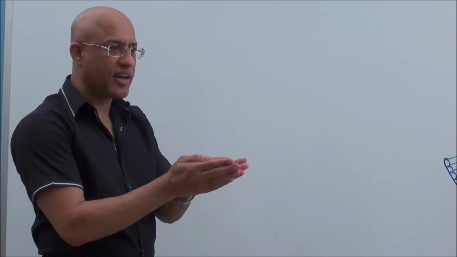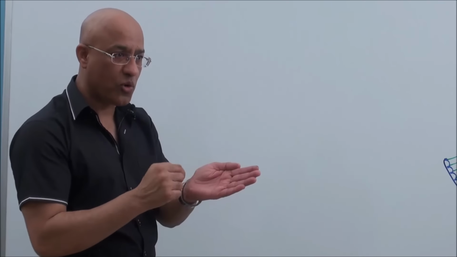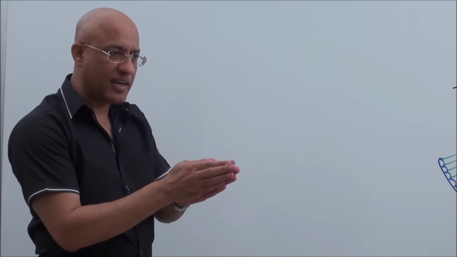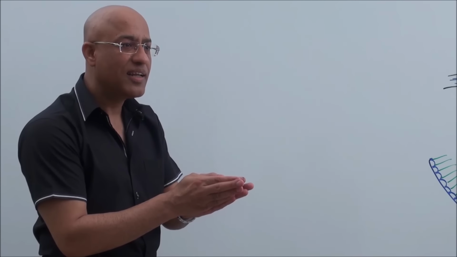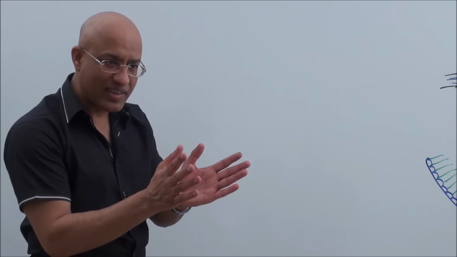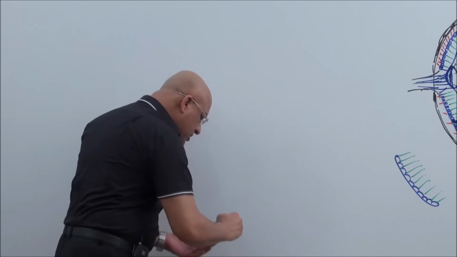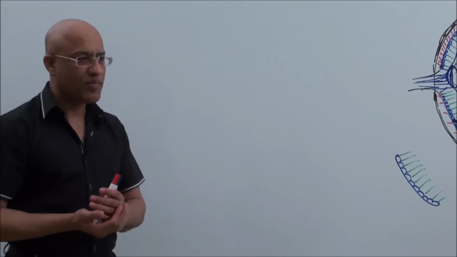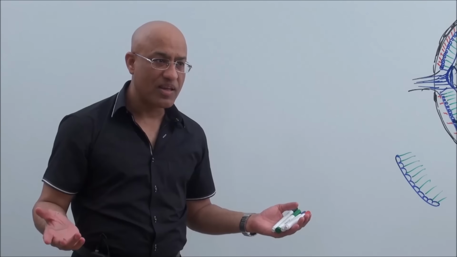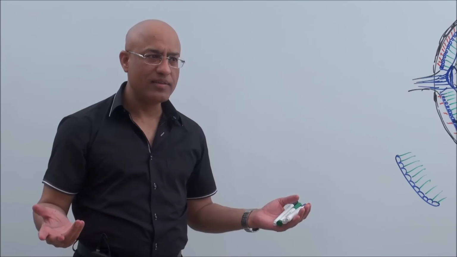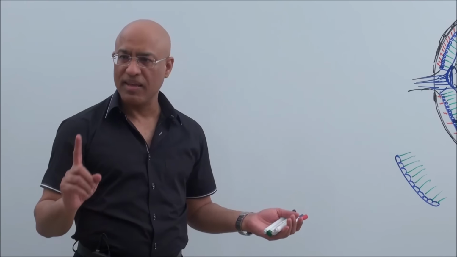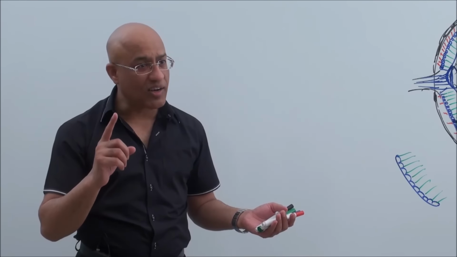Then its edges are raised and it becomes the neural fold or groove, and eventually they fuse together and convert into the neural tube. Is that right? All of you know that? Now, from this neural tube, eventually the central nervous system develops. And the retina is part of the central nervous system.